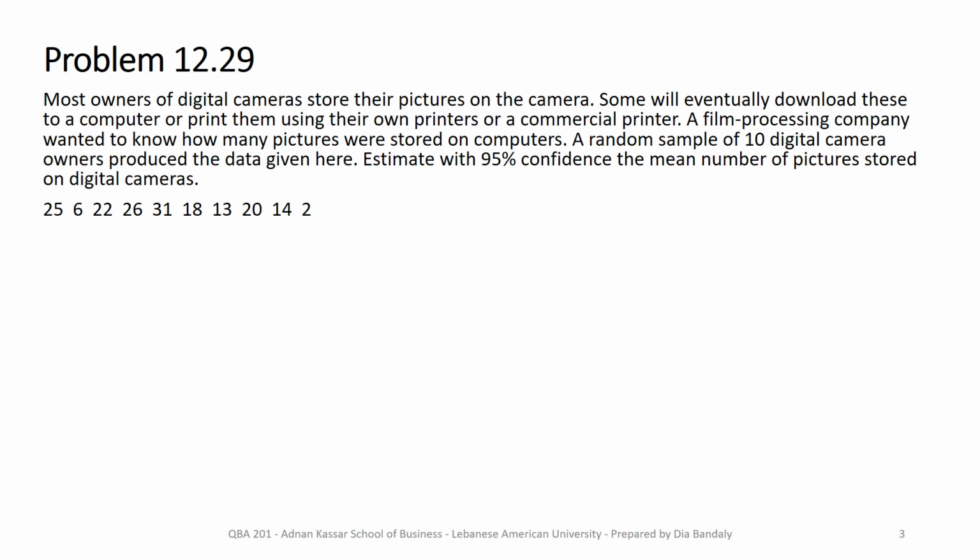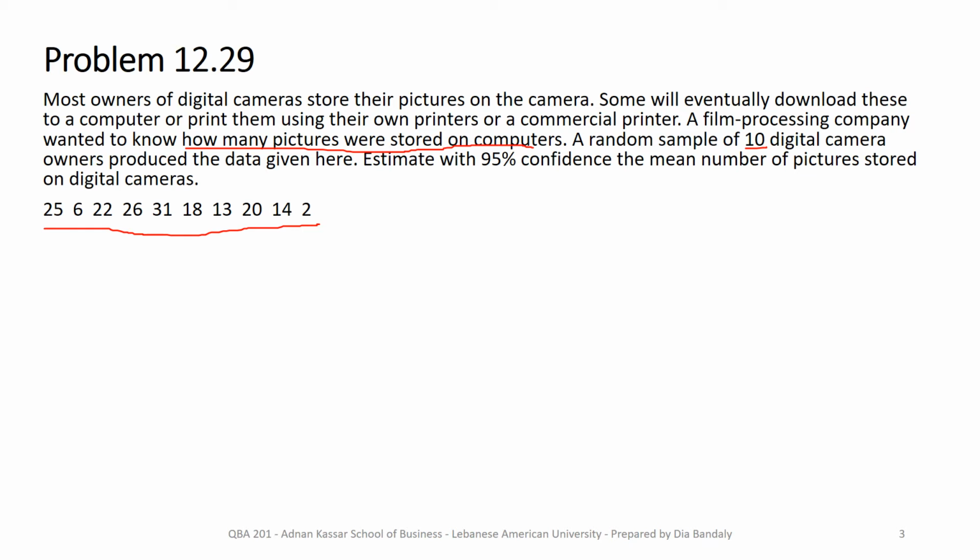So here we go. This is the question: how many pictures were stored on computers coming from the cameras? A random sample of 10 digital camera owners produced the data given here. Here we go. So this is the number of pictures that were transferred from the camera to the computer.